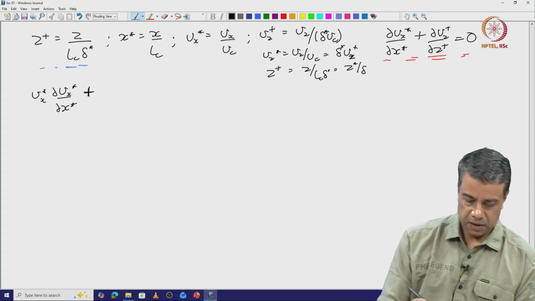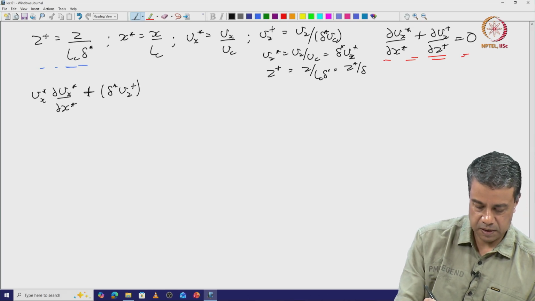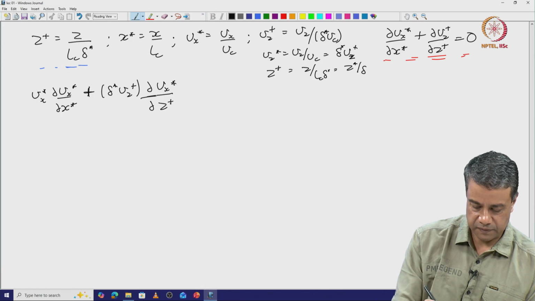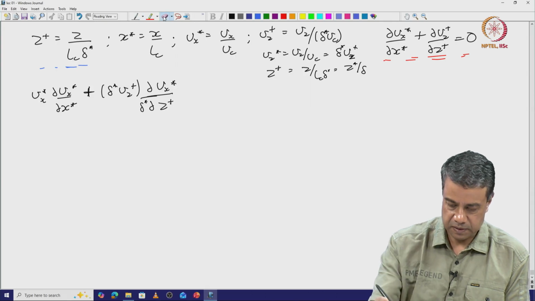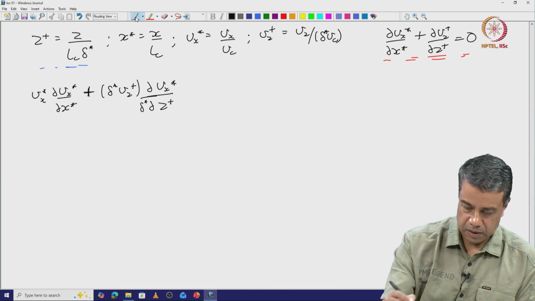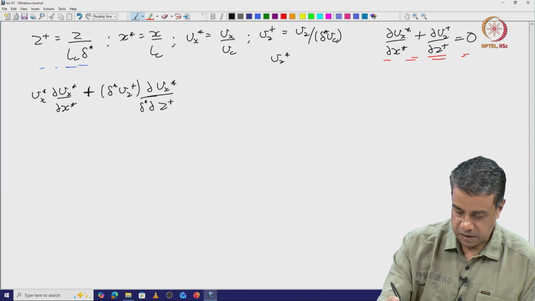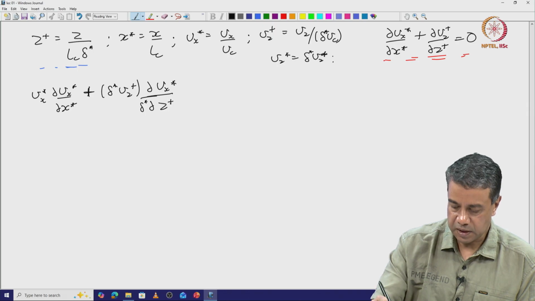So, the first term here I have delta Vz plus, partial Vx star by partial z plus, and I have a factor of delta coming out, because Vz star is equal to delta times Vz plus. Therefore, I have to substitute Vz star equal to delta Vz plus, and z star equal to delta z plus.